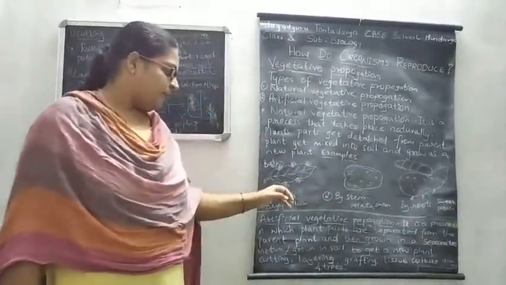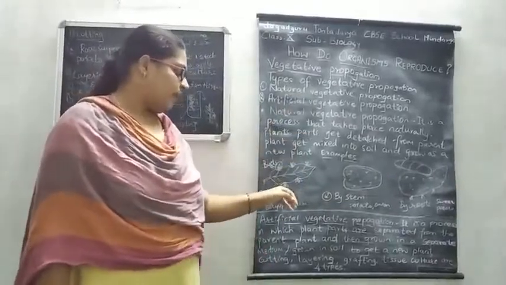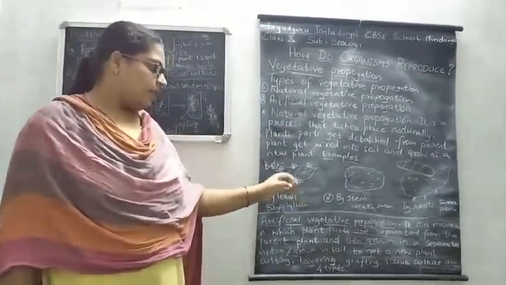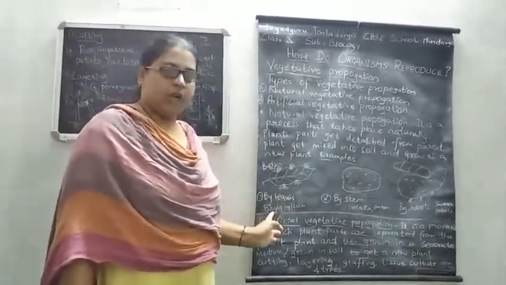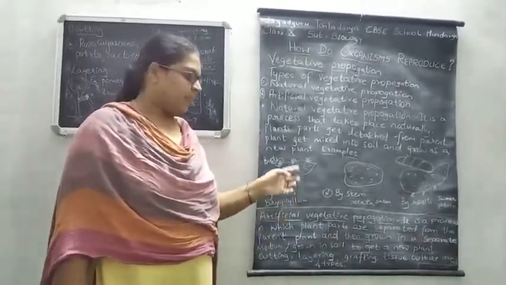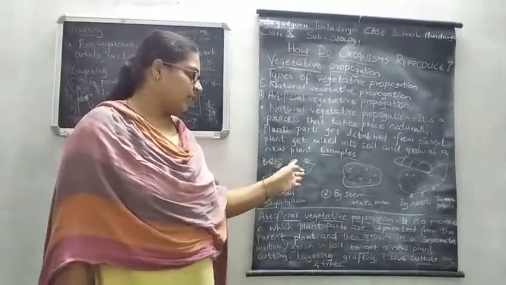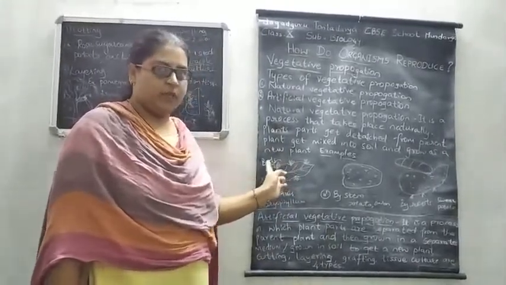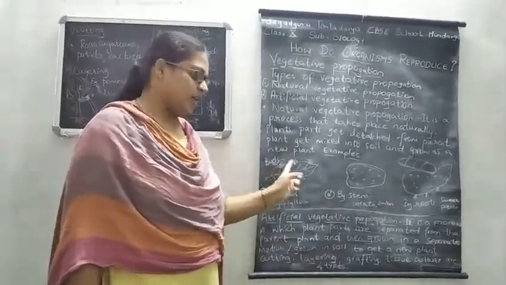For example, vegetative propagation by leaves. It is seen in the bryophyllum plant. In this plant the leaf has leaf buds over the leaf surface at the margin.